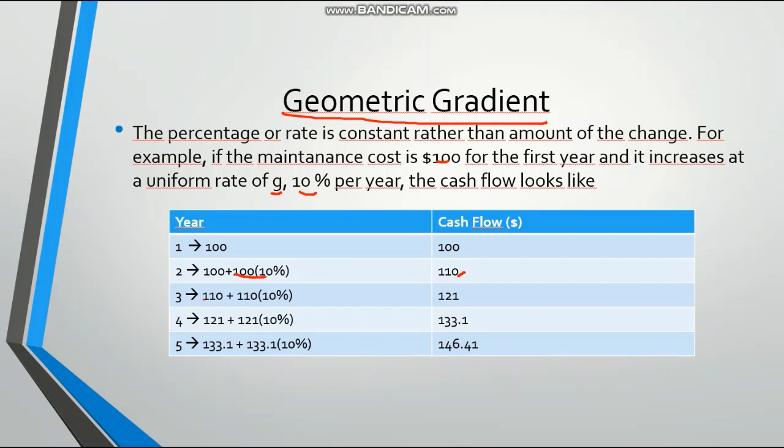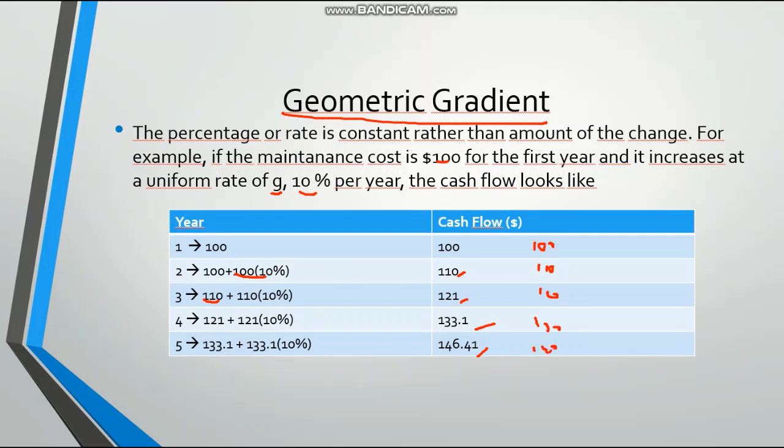Then the third year is 110 plus 10%, which is 121. Then again 10% of the third year, 121 plus 12.1, is 133.1, and the next increase gives 146.41, whereas the arithmetic one would be 100, 110, 120, 130, and 140.